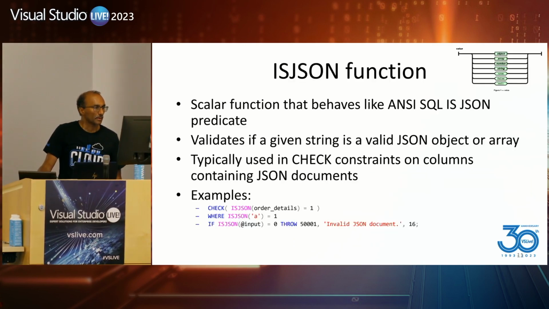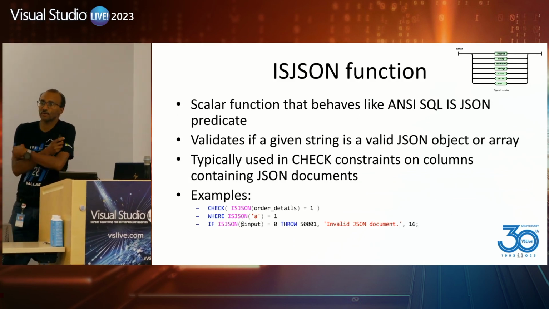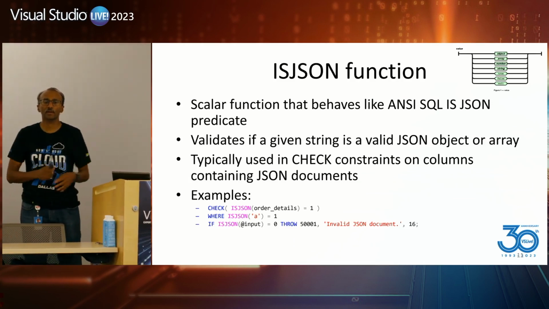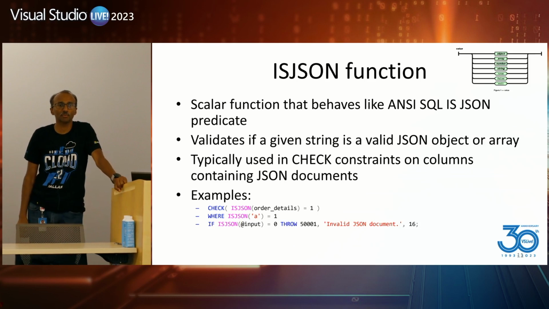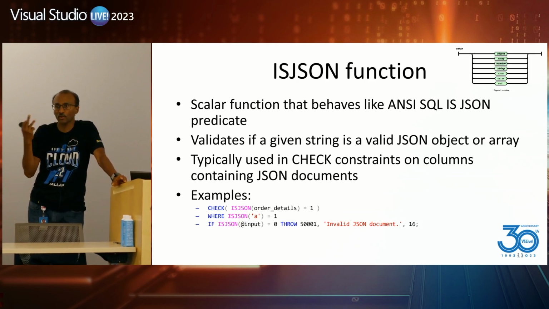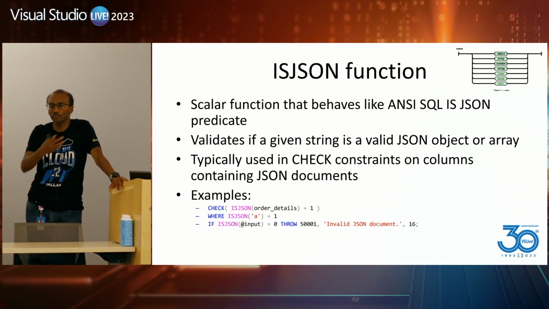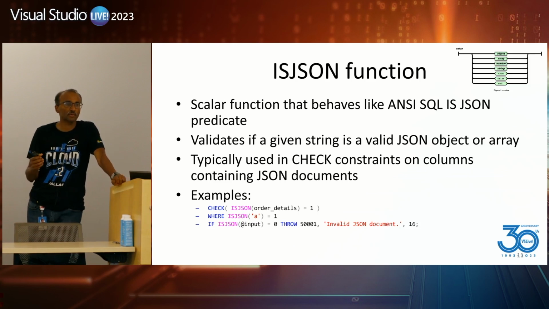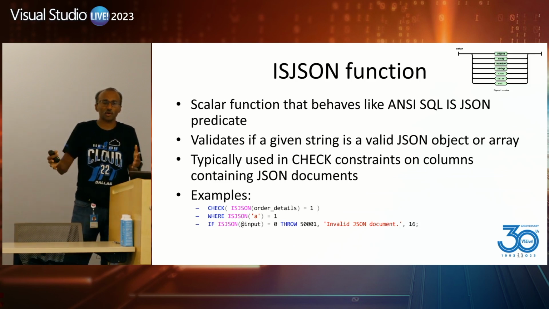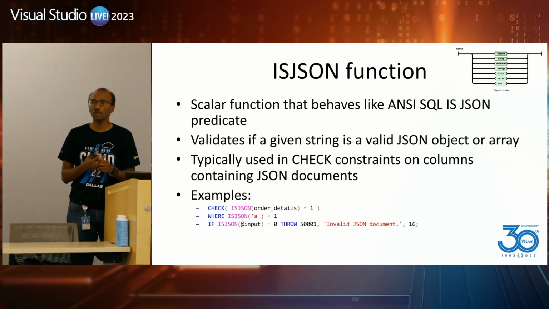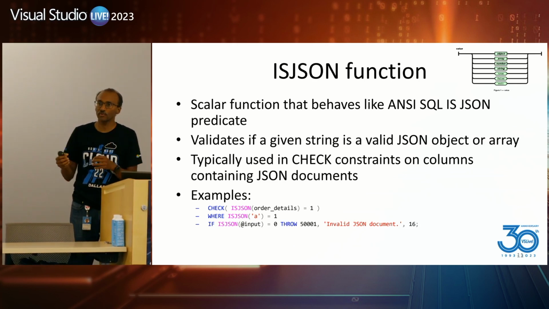Here is an example of ISJSON. Typically in a relational table, you would put a schema constraint on certain columns and properties, and you can do the same thing with JSON. You have a JSON document being stored in the table. How can you put constraints saying this property should exist, this value should be filled, and so on?